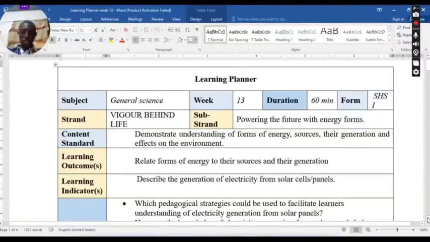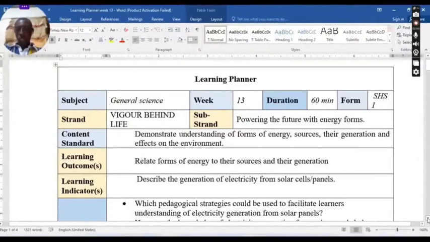Alright, so the learning planner has a lot of rows and columns. Look at them one by one. Starting from my left to right, we have the subject row, then the second row is the strand, the content standard, learning outcome, learning indicator, and then the rest.